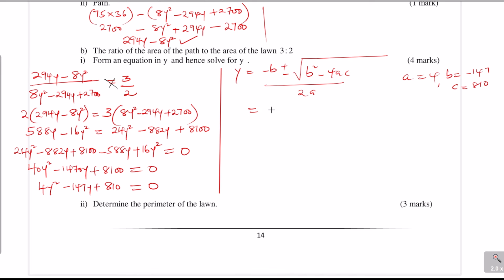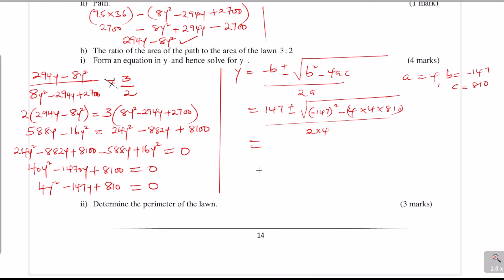So substitute. Negative b will be 147 plus or minus the square root of negative 147 squared minus 4 times a, which is 4, times 810, which is c. Then everything divided by 2 times 4, which is 8.